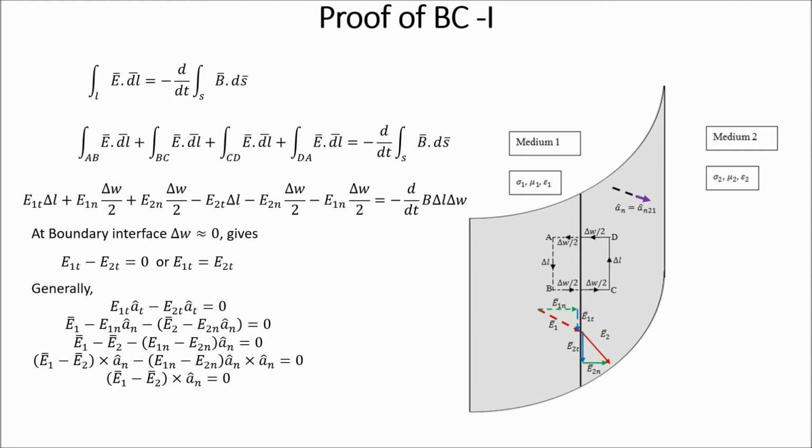So now we apply Faraday's law, or the first Maxwell's equation, and substitute them in the first equation. The path we use for Maxwell's equation has four sides.